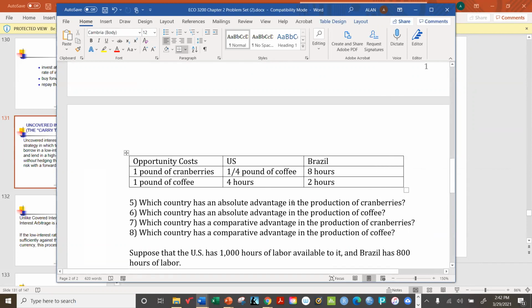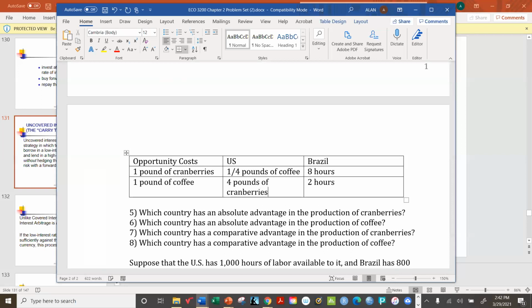Okay, and then for the US, the coffee required 4 pounds of cranberries to produce. And then for Brazil, it was the other way around. 4 pounds of coffee versus 1/4 pound of cranberries.